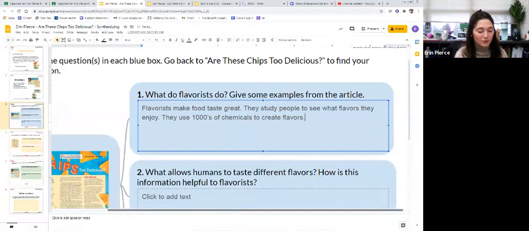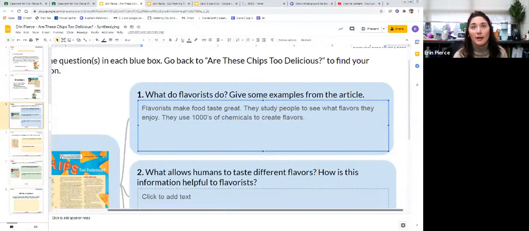You could also include things like the sentence, they are great at concocting flavors like berry for a sports drink, chili cheese flavored pretzels. Those would also be included as examples if you have that.